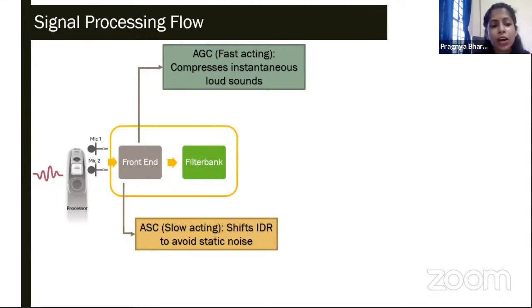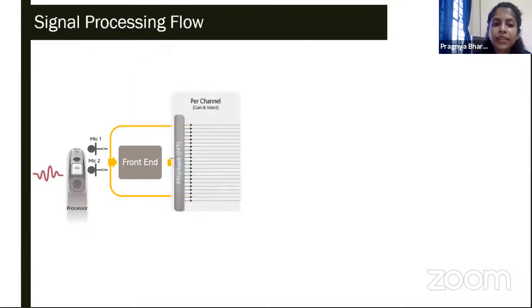Once the signal goes through this front-end processing, it is sent to the filter bank. So in the filter bank, the signal is divided into its component frequencies. There are different bands of frequency through which the signal is sent. And again, at the level of the filter bank, the signal undergoes several manipulations or processing.